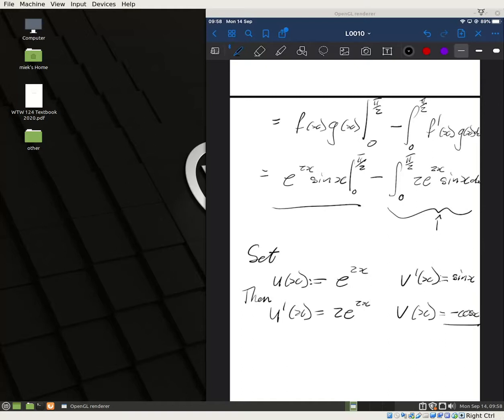The derivative of cosine is minus sine, so if we set v equal to minus cosine of x, then its derivative is equal to sine of x.